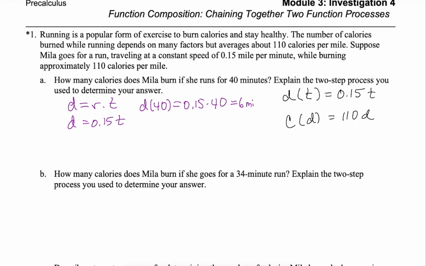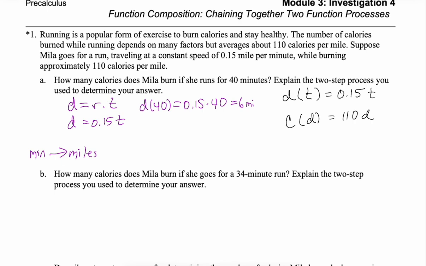Now, the question didn't ask us how many miles did she run. The question asked us how many calories did she burn if she runs for 40 minutes. So we started with minutes. Right now, I've got miles. And now I need to know, what do we know about miles? Well, it says that the calories burnt is 110 calories per mile.